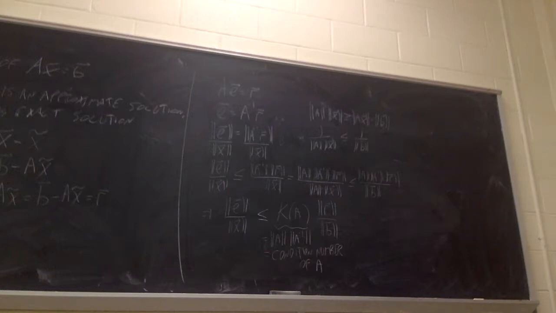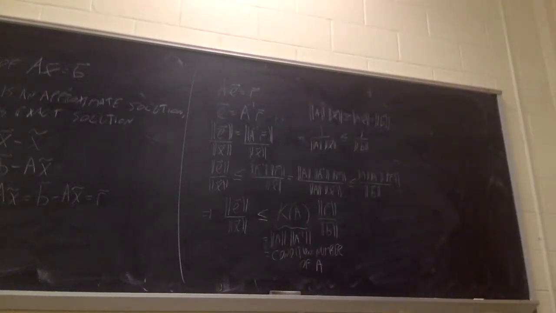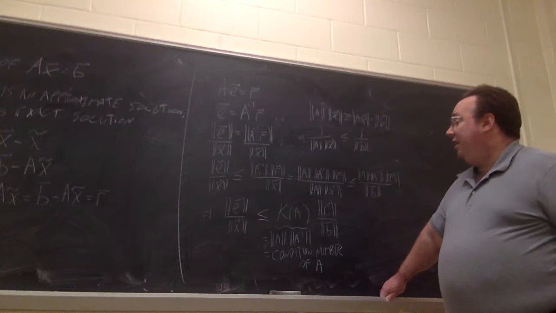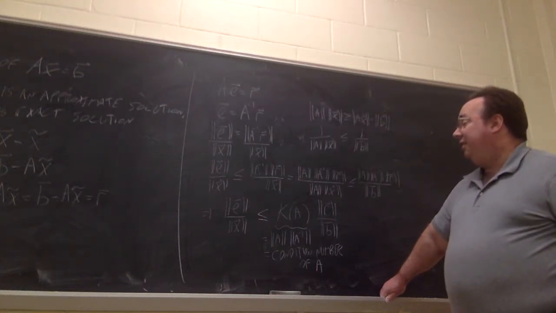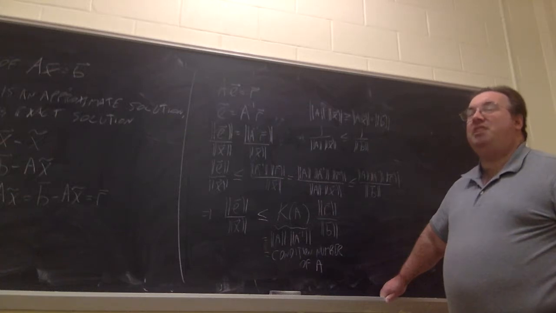Now I haven't actually proved that. But it's something that I can prove separately. But it also shows that the size of a residual can be amplified by as much as the condition number in the error of the solution.